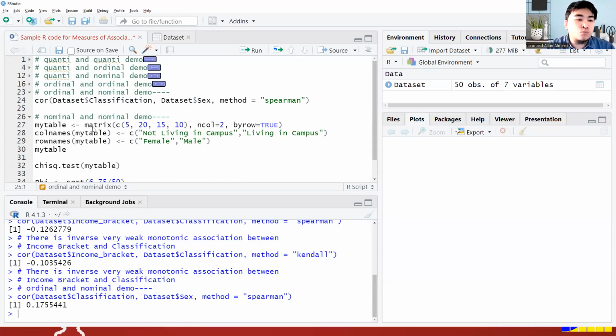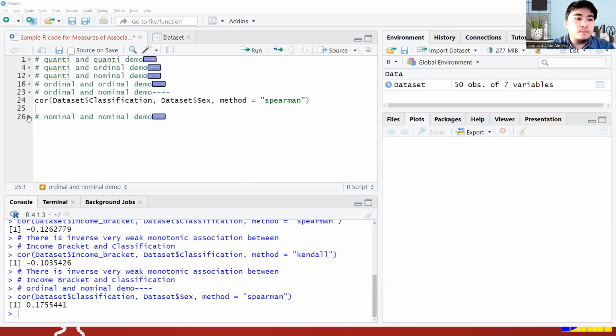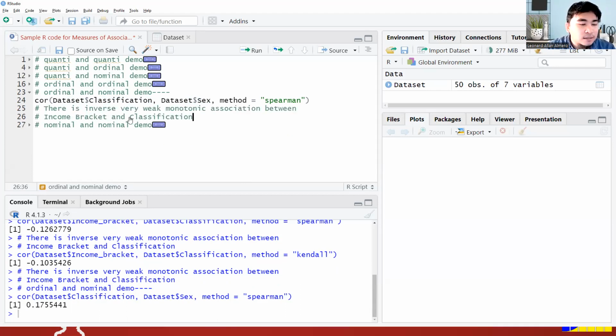So to interpret, there is positive or direct, very weak association na lang. Association between classification and sex.